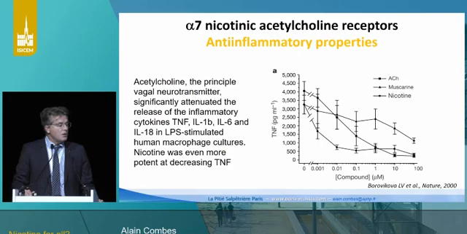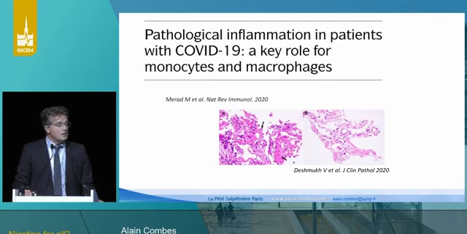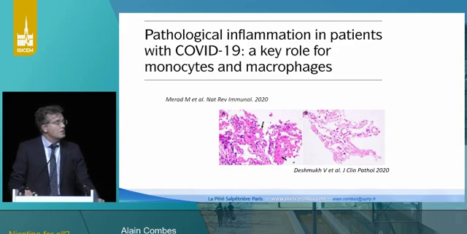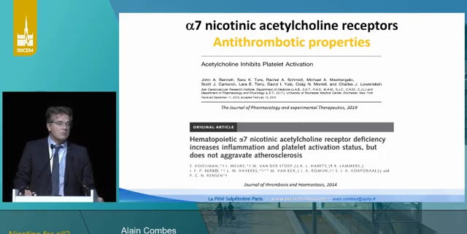Similar data here also on human macrophages in culture where acetylcholine is able to decrease the release of TNF as well. And when looking at the effect of nicotine, it was even more potent at decreasing TNF in these cells. And since the macrophage is probably one of the key actors of the pathophysiologic pathway of the disease in the lungs, there may be a rationale for using this pathway as a target for decreasing the severity of the disease.